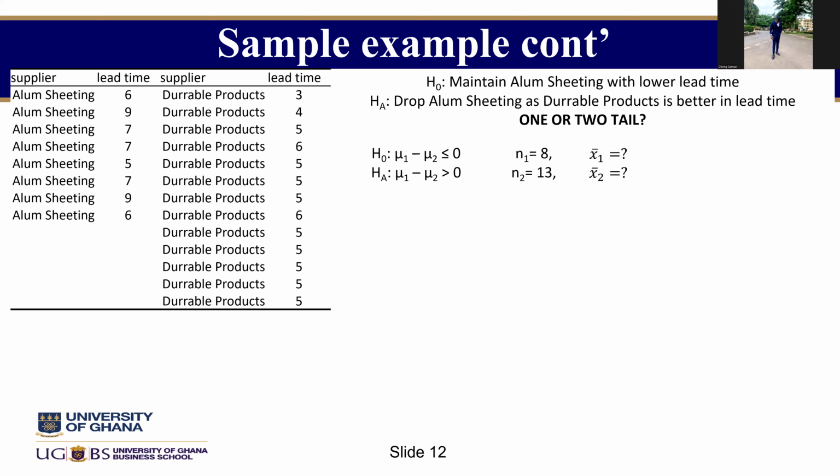And so the mean for the alum sheet is equal to 7. Good. And then when you come to the durable products, we follow the same process. Exactly. So the summation for the lead time will be 64.